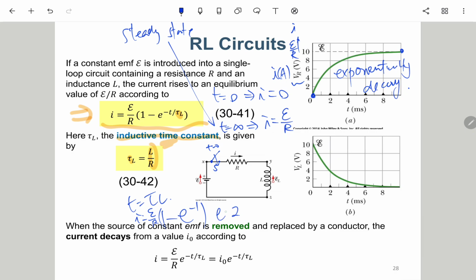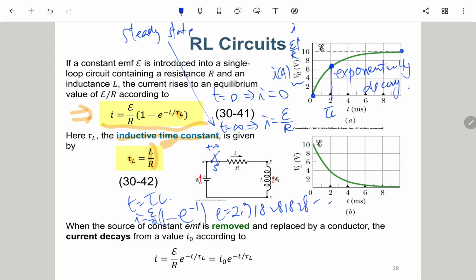And 1 over e is 0.3 something, so 1 minus 0.3 something is 0.6 something, which means that it is somewhere here. So this is actually the tau L, a point like that.